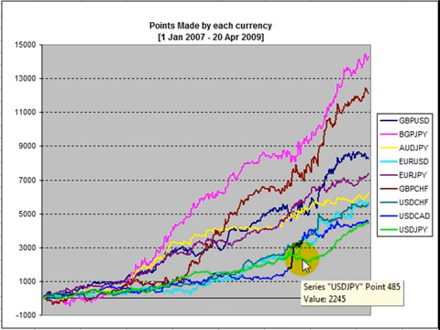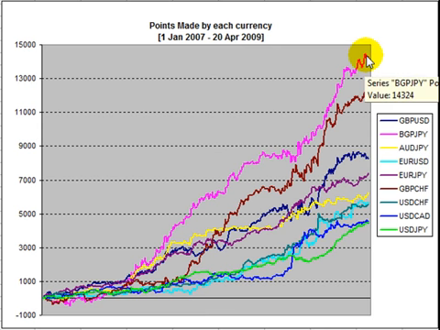But although I say star performer and lower performer, they all perform very, very well, because when you look at the risk reward ratio, and what I mean by that is if something is highly volatile like the pound yen, in order to make 200 points, you may be risking 50 points.